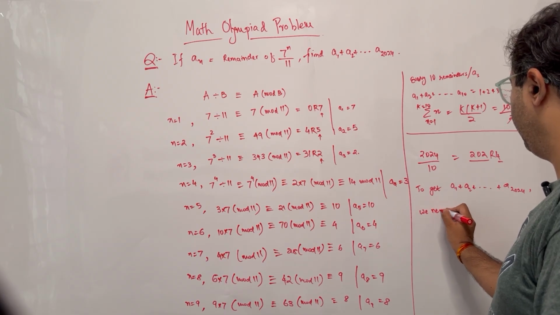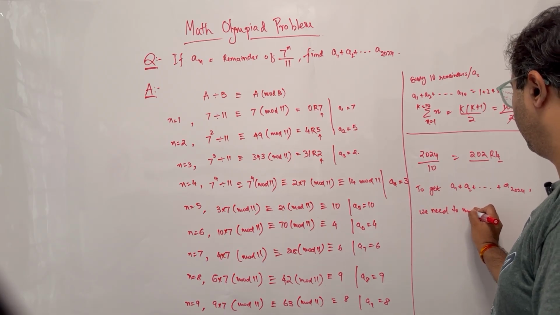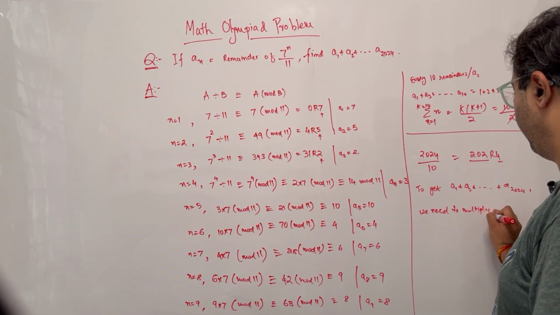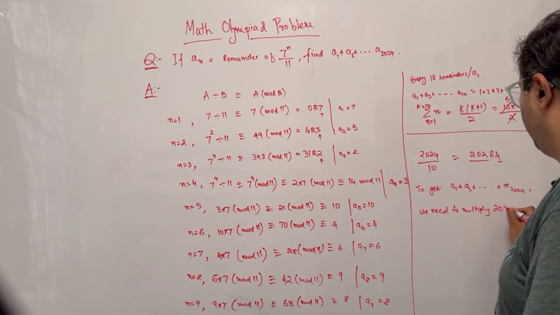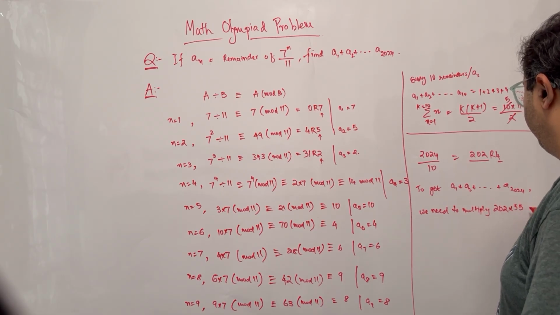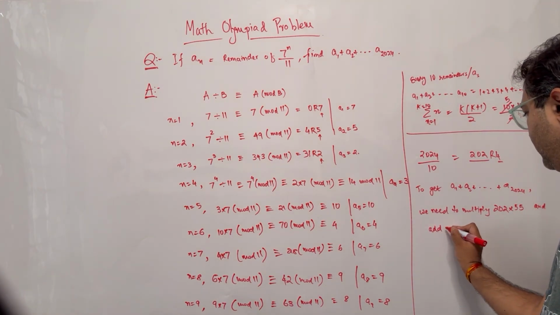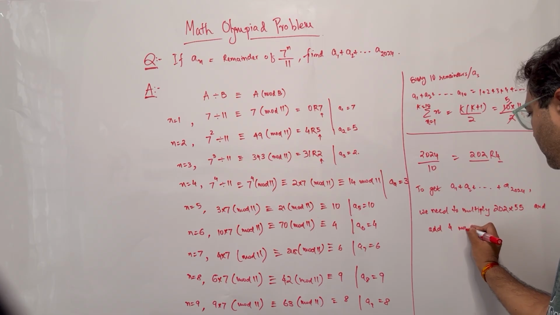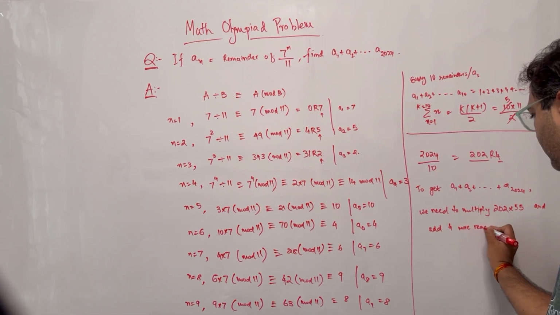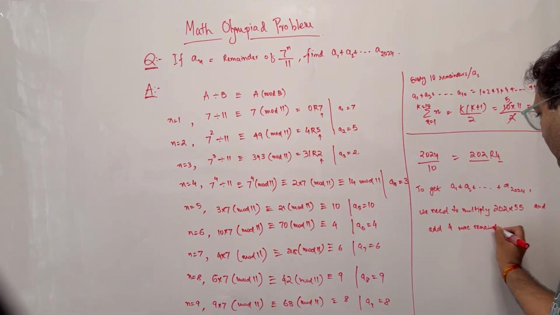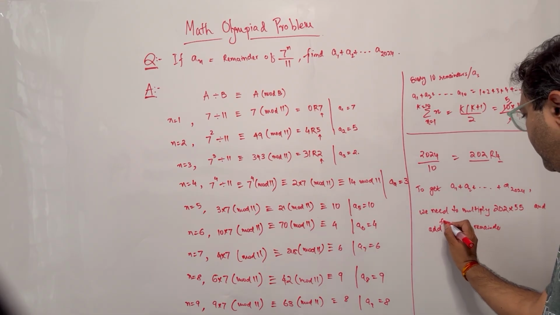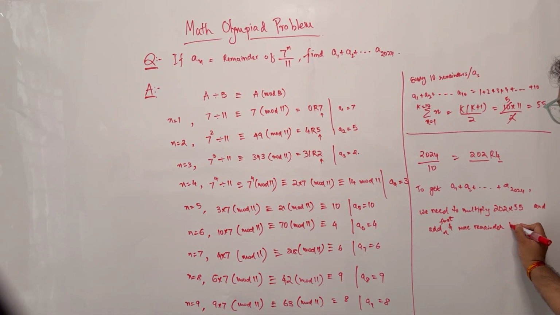We need to multiply 202 times 55 and add the first 4 more remainder terms.